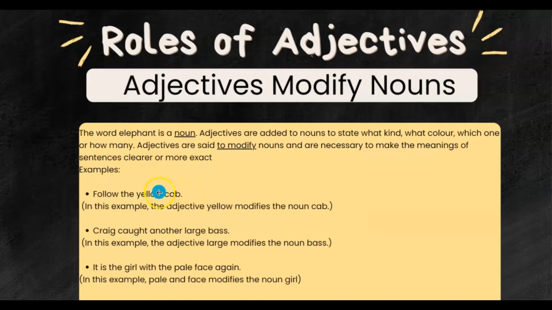Here in the Pacific, in Fiji we call it a taxi. So follow the yellow taxi or the yellow cab. Cab is a noun. What is usually before a noun? The adjective, which is yellow. In this example, the adjective yellow modifies the noun cab.